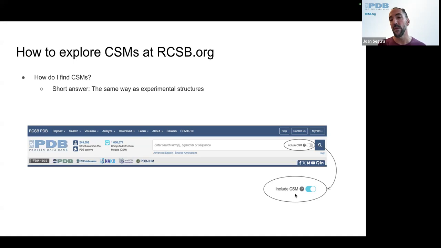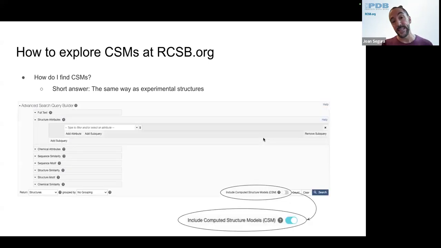The only thing you have to do is toggle on the button that says include CSMs. The same if you are using our advanced search tool. Next to the search button, before starting your search, you have to toggle on the include computed structure model switch.